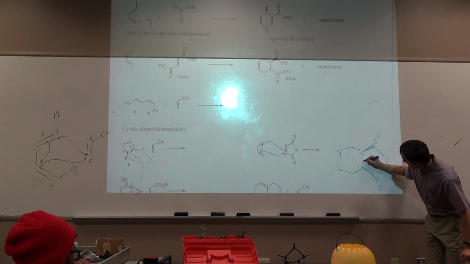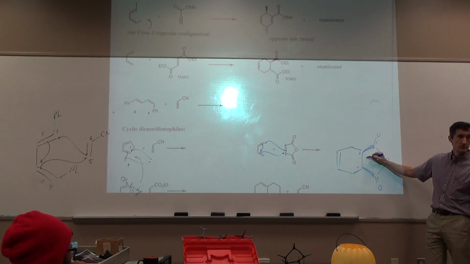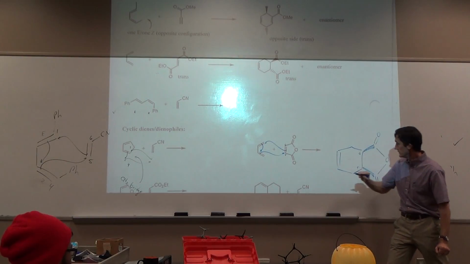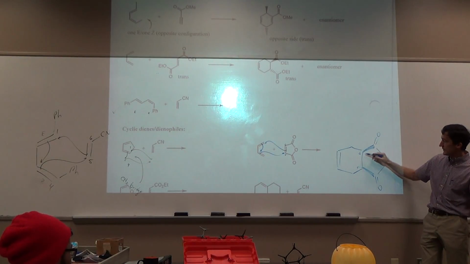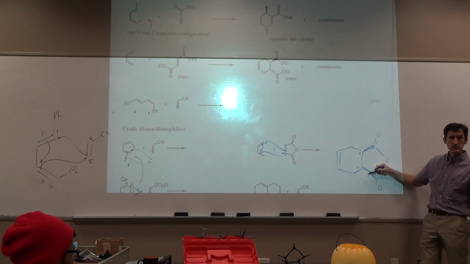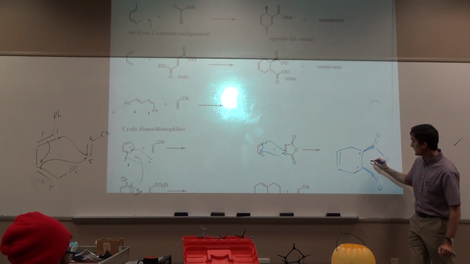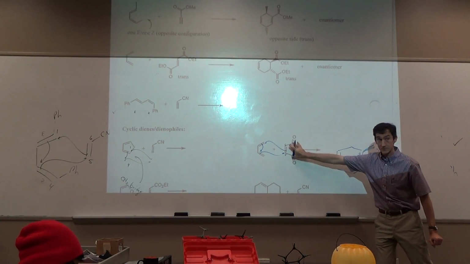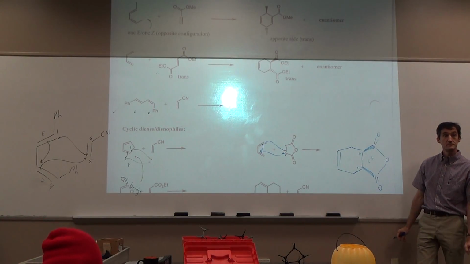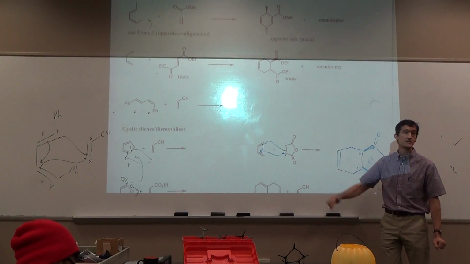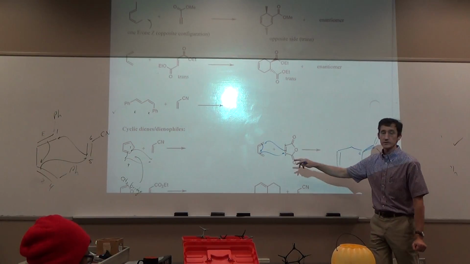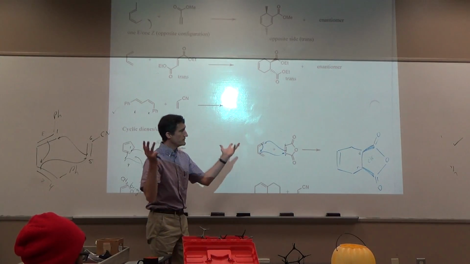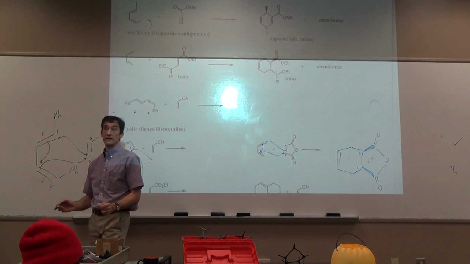Now, you see, 5 and 6 are now tetrahedral. So they can be forward or back. There they were planar. When they can be forward or back, is one going to be back, one going to be forward? No, they're going to be cis. Why cis here? Well, there's cis there. Of course, it has to be cis. You cannot draw a trans version of this. This alkene is not stereogenic.